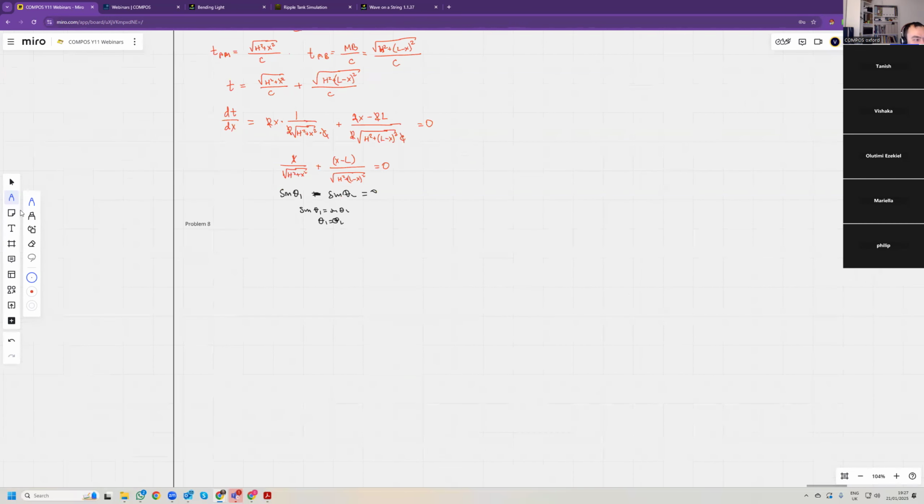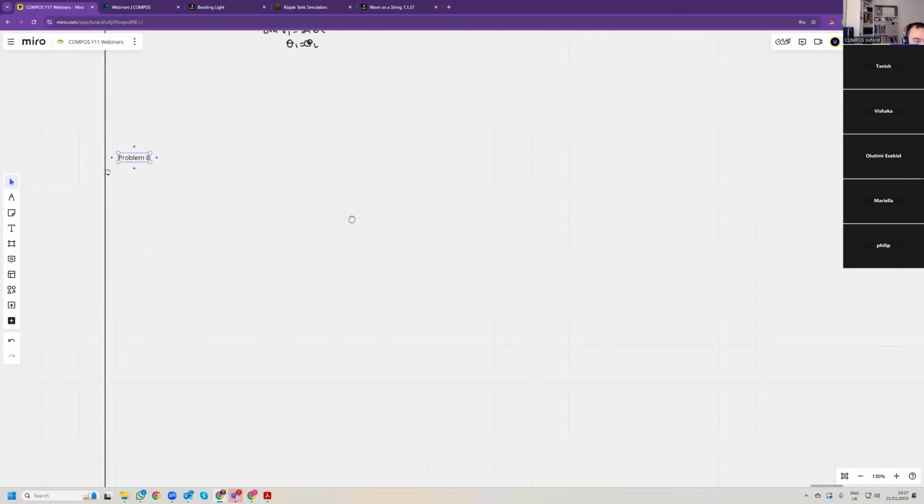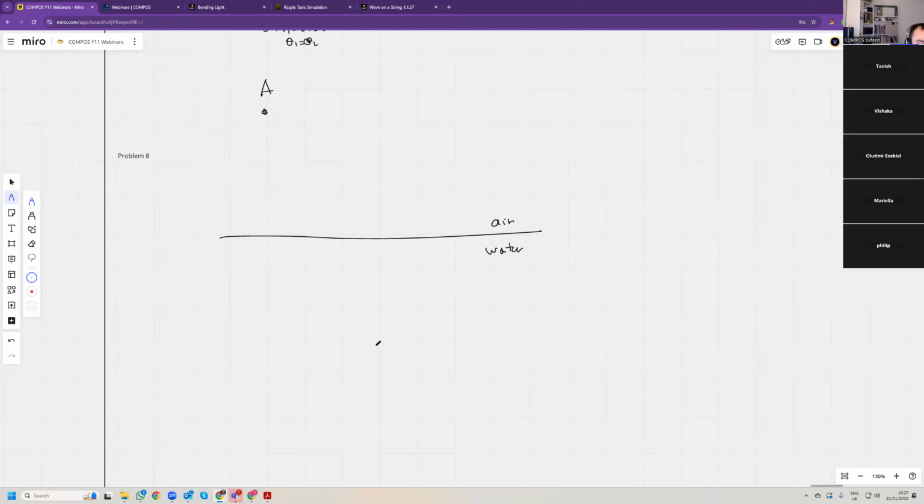And Fermat's principle for refraction works in a very similar way. So let's say you have water and air, and light is traveling from A to B, and it chooses this path. And this is theta 1, and this is theta 2.